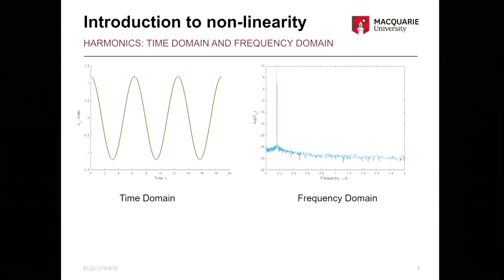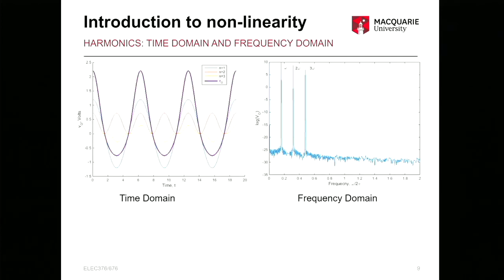Okay, here is just that concept. A sine wave is a pure frequency, a single peak in the frequency domain. You have seen this in the lab when we were playing with the high frequency response of MOSFETs and BJTs. When you have multiple frequencies, here you have three components, n equal to 1, 2, and 3.